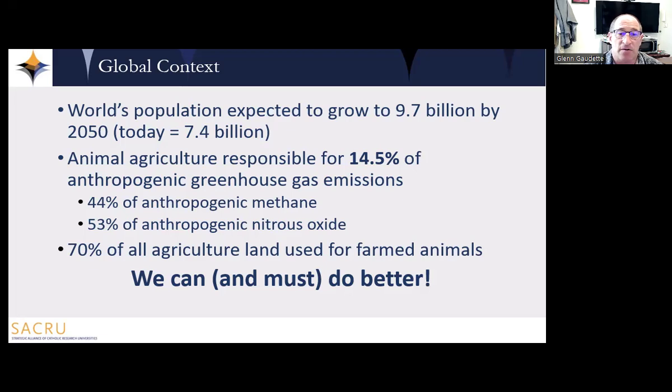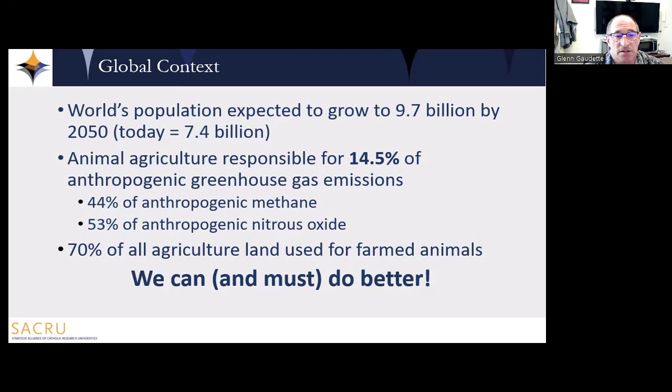Turns out that animal agriculture is responsible for about 14.5% of all man-made greenhouse gas emissions. That number will vary a little bit depending on exactly how you're defining animal agriculture, but it's a very, very significant percentage. There's a lot of methane that's produced, there's a lot of nitrous oxide that's produced, and it's something we need to think about.